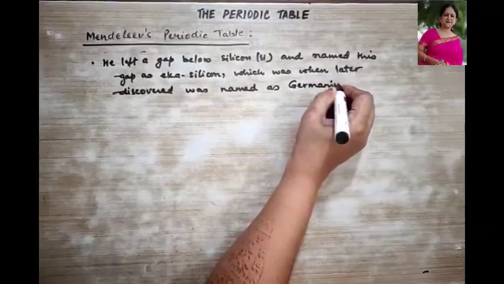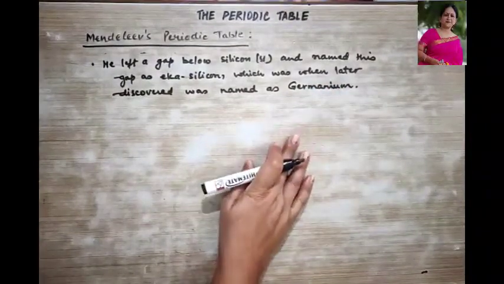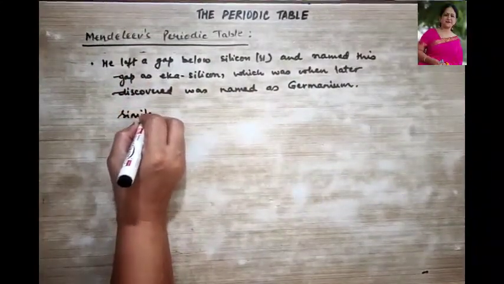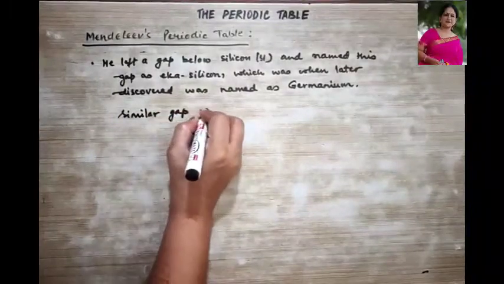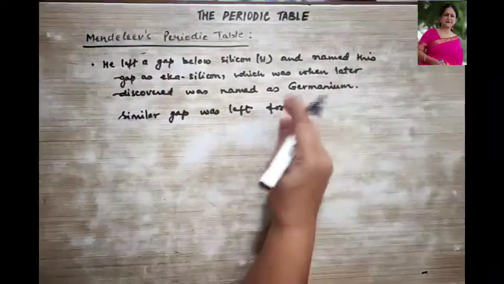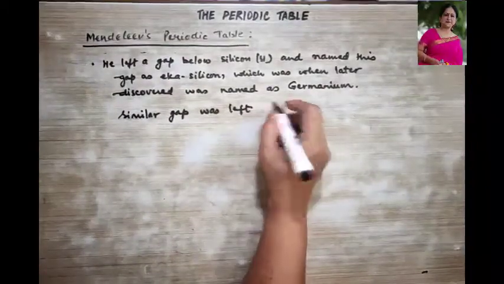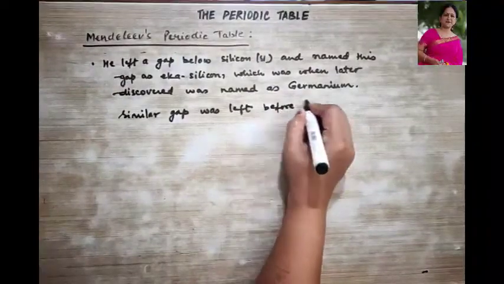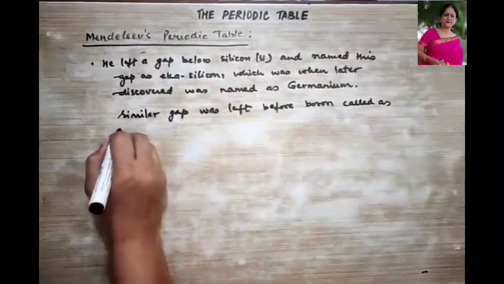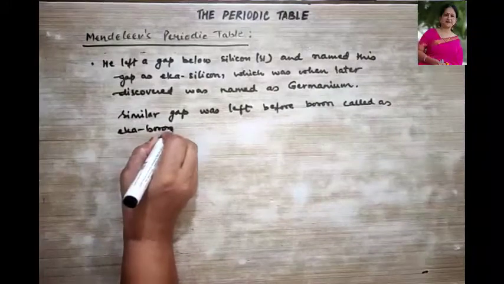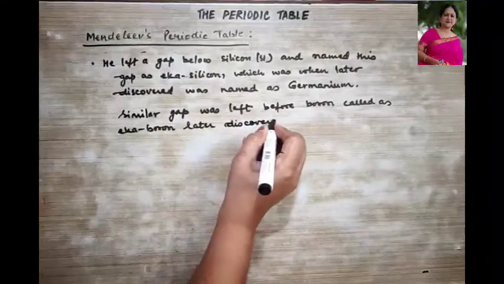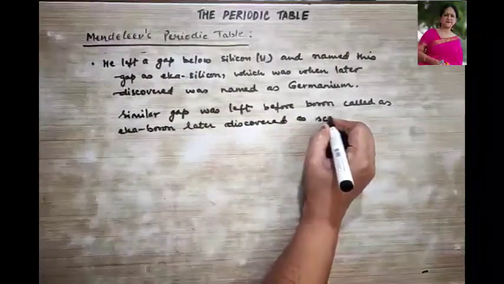Okay, so this was one element for which he had left the gap. There was another similar gap left before boron, called Eka boron. Okay, later discovered as scandium.